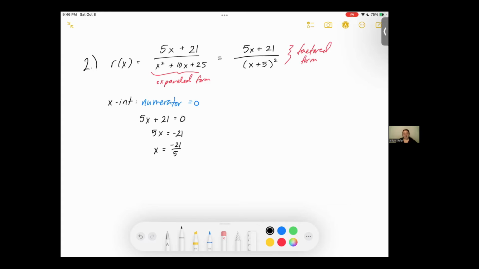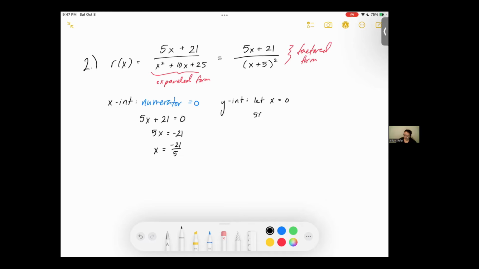Great. Cool. So now that we know this, we have our x-intercept. Now we can find our y-intercept. The y-intercept, in this case, is found by plugging in 0 for x and then finding what r of x is equal to. So you're going to let x equal 0, and whatever is left over.